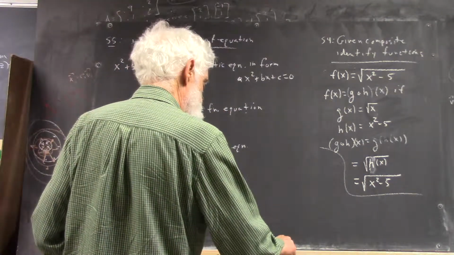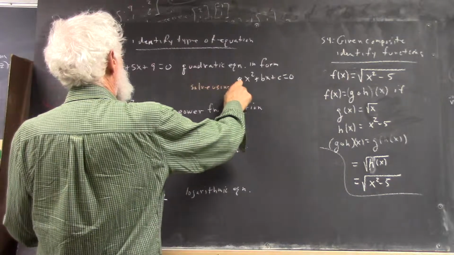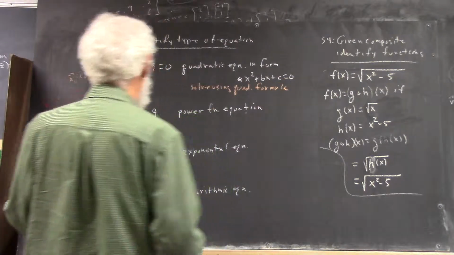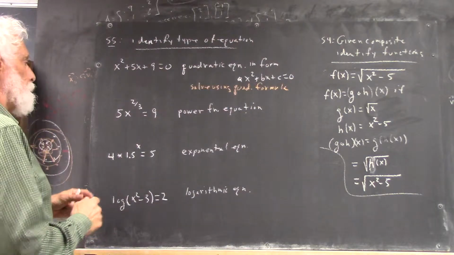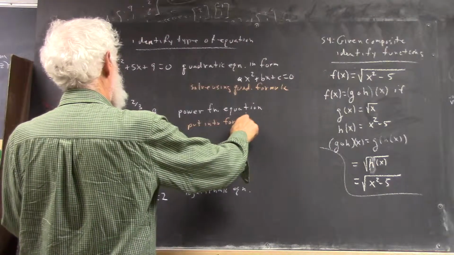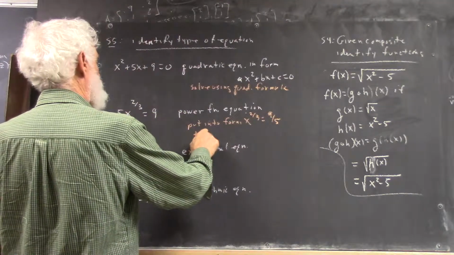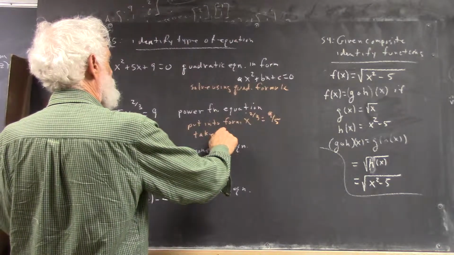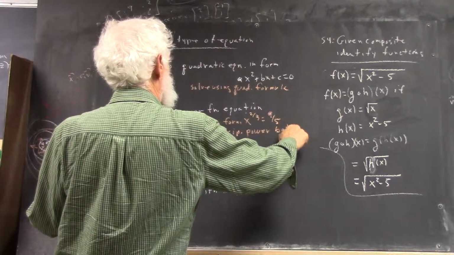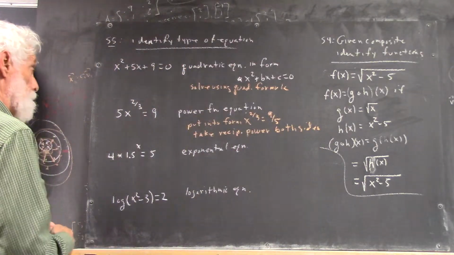Now for the power function equation, you're going to put it into a form, and ultimately, once you have it in a form like this, you take the reciprocal power of both sides.